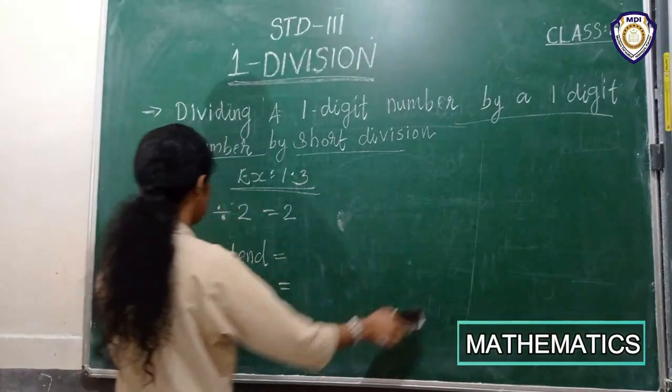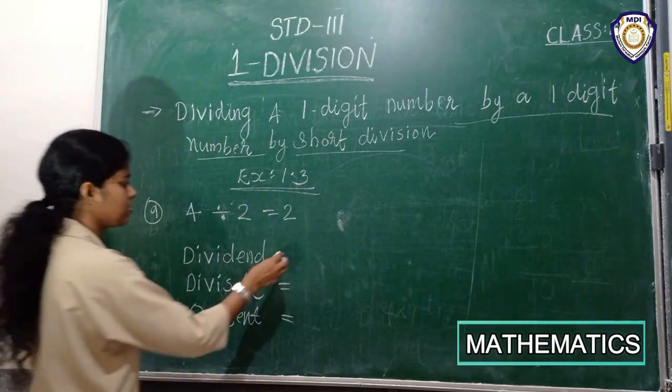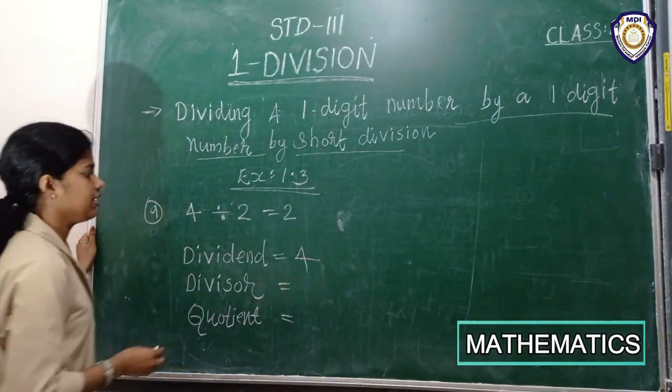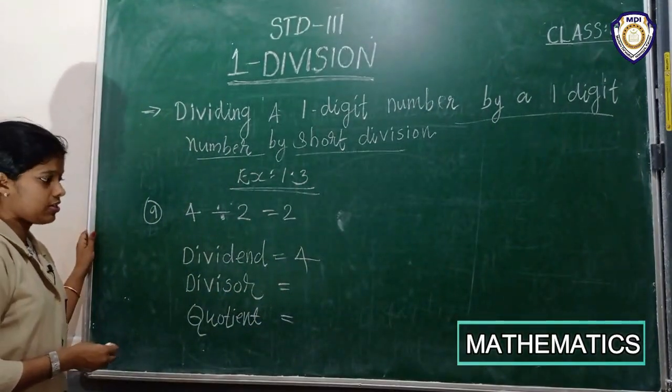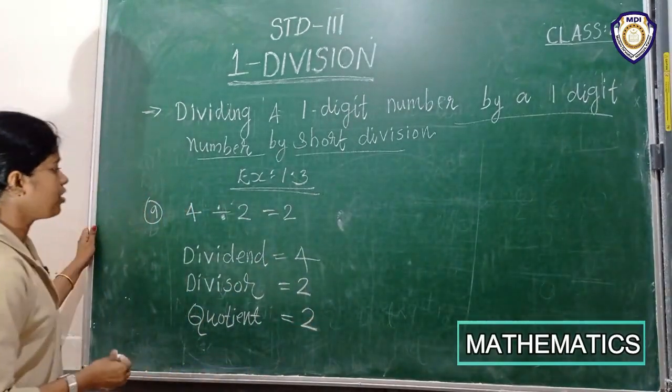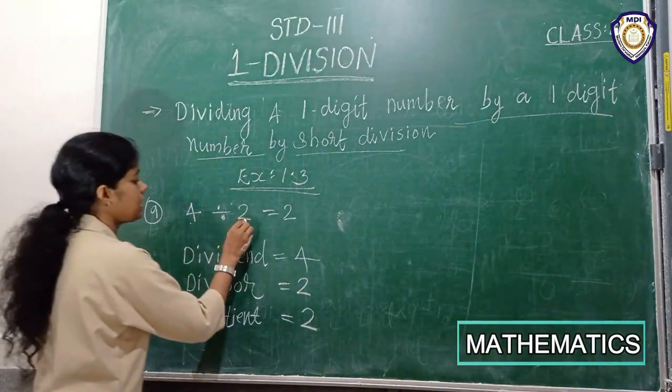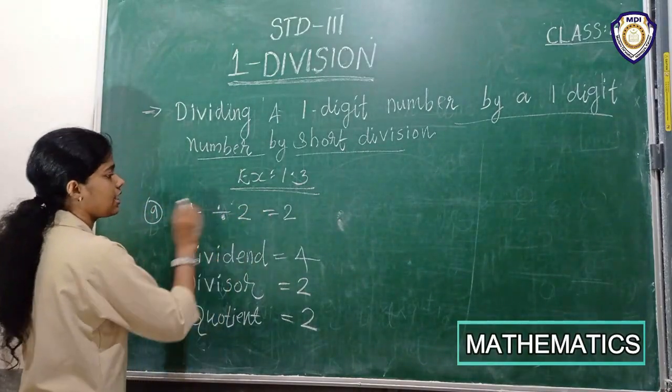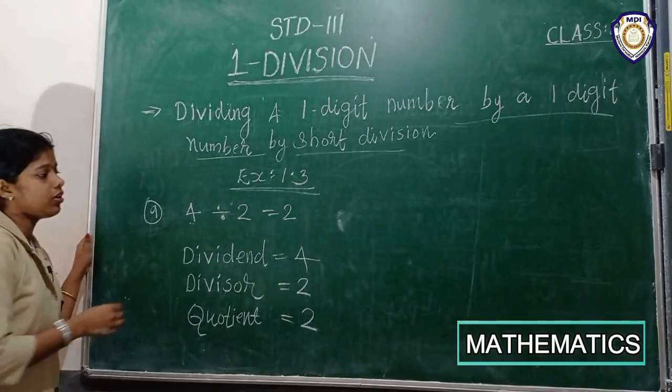Here dividend is 4 and divisor is 2 and quotient is 2. I will explain one more time. 4 divided by 2, we got the answer 2. 2 2s are 4.